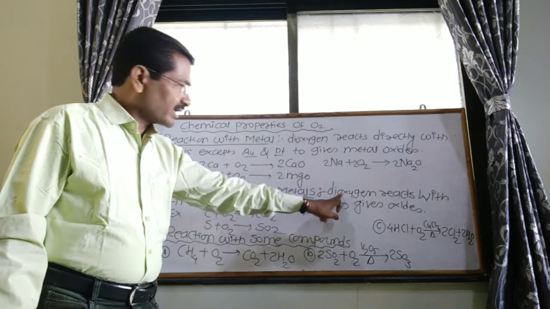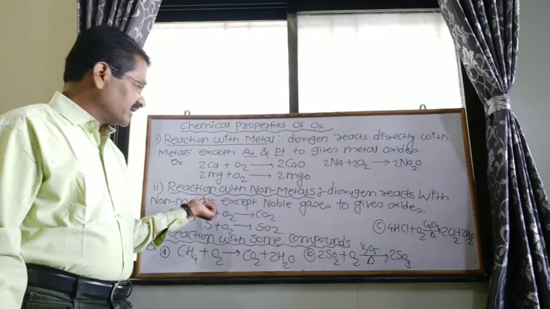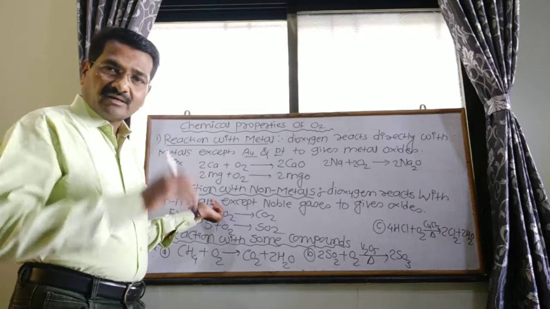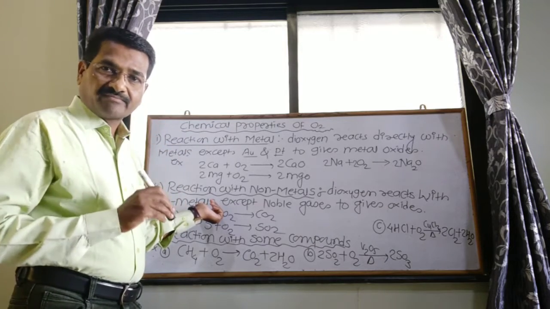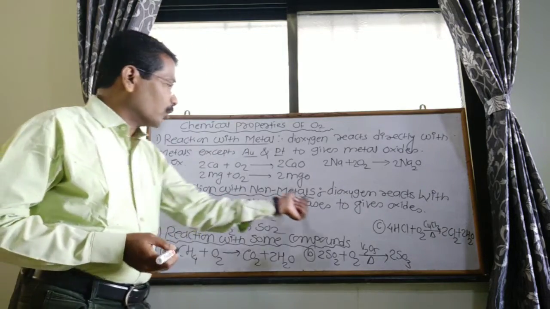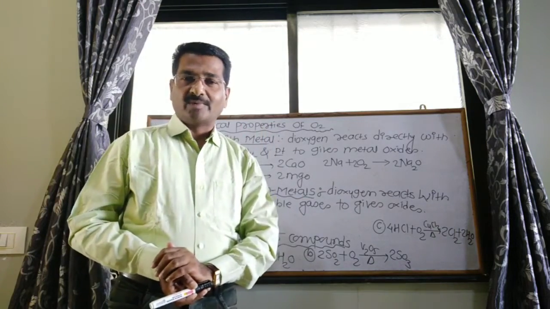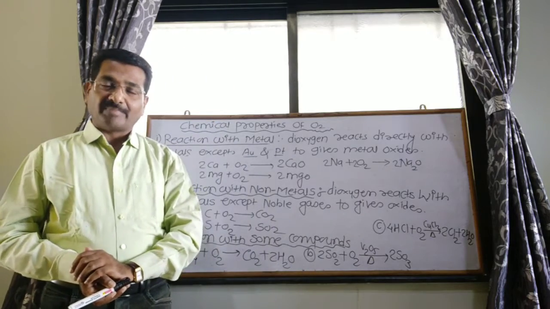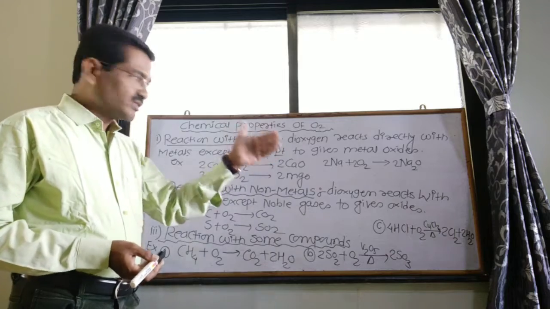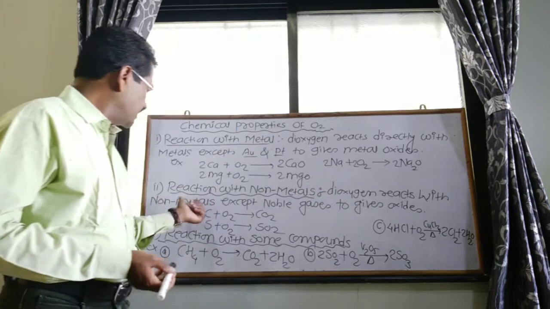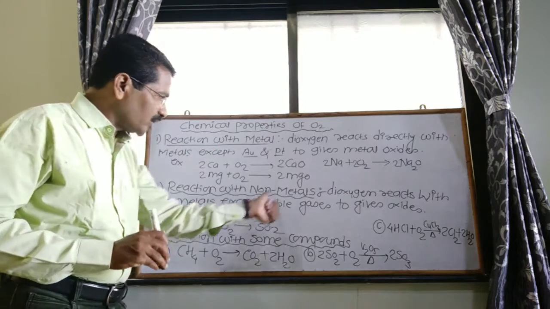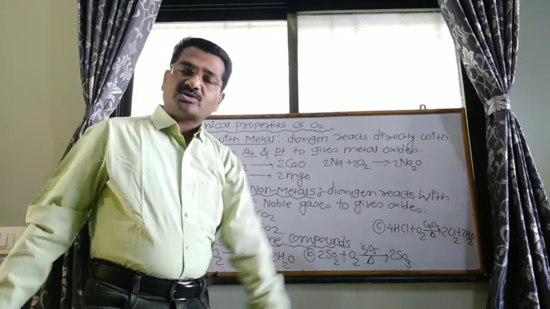Dioxygen reacts with non-metals like carbon, sulfur, nitrogen to form the corresponding oxides, except noble gases. Noble gases are also non-metals, but they cannot react with dioxygen.